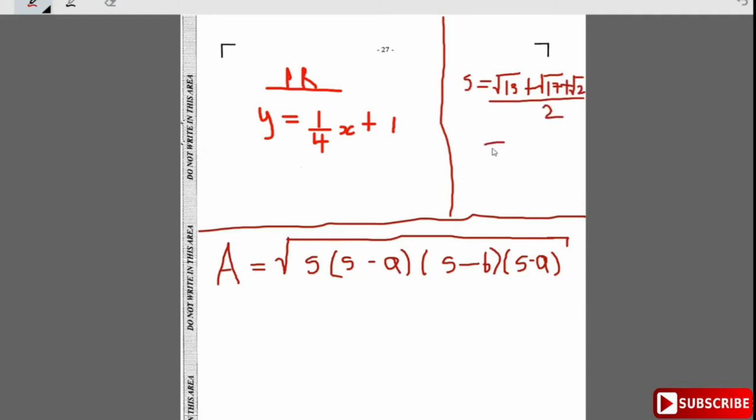You can put that in a calculator to get what S is. So you get S is 4.57.